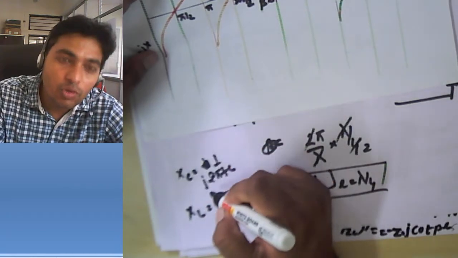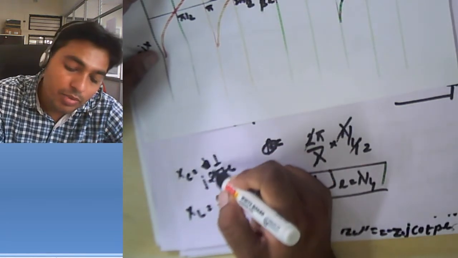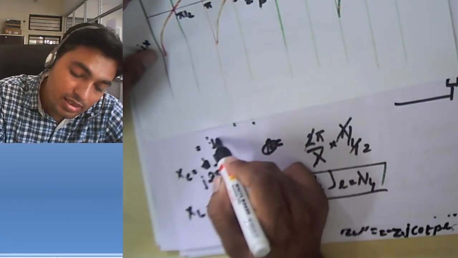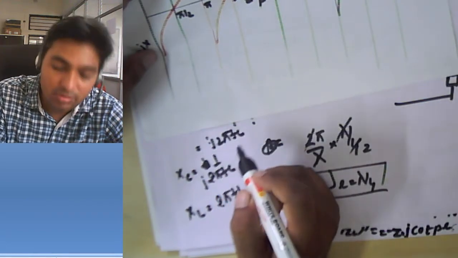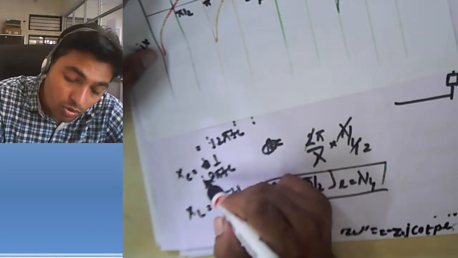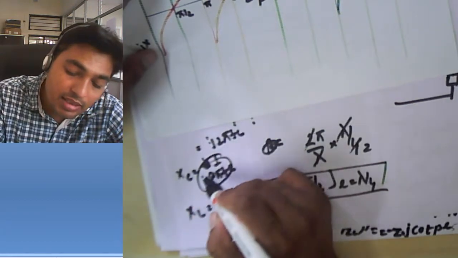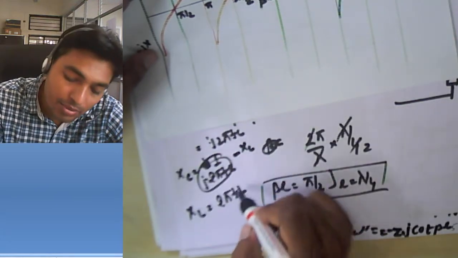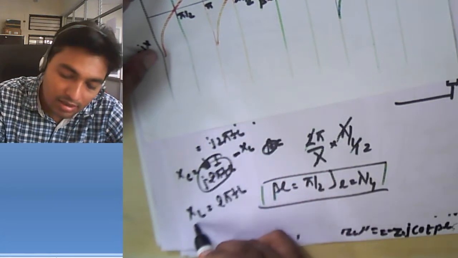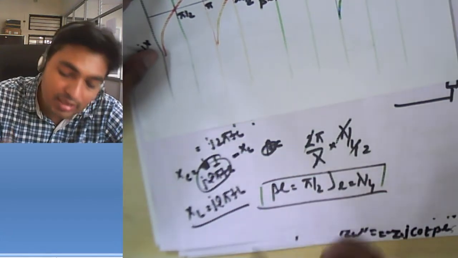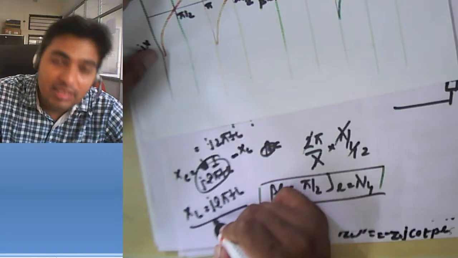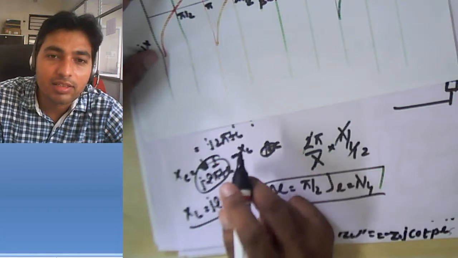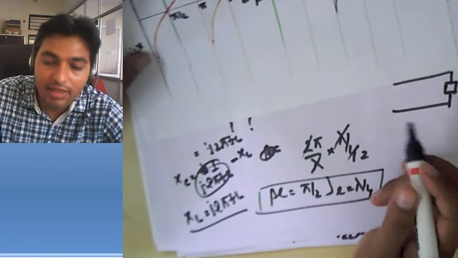So XC will be equal to minus 1 upon 2 pi FC. So when our impedance is a negative quantity, it means that it is a capacitive one. If the impedance is in terms of a positive imaginary term, then that corresponds to an inductive kind of line.